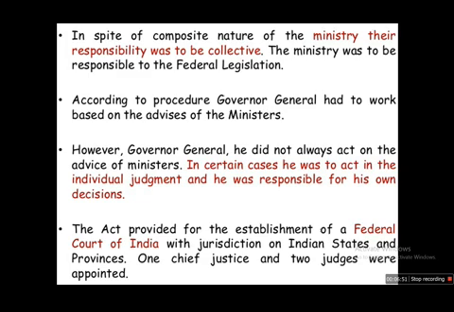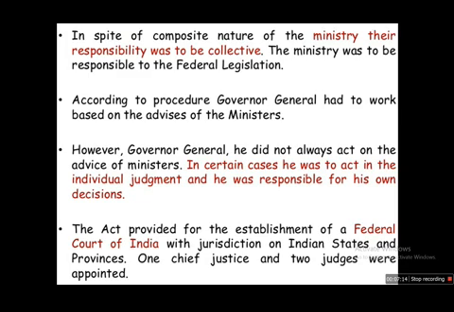According to procedure, the Governor General had to work based on the advice of the ministers. However, the Governor General didn't always act on the advice of ministers. In certain cases, he was to act in his individual judgment, and he was responsible for his own decisions.